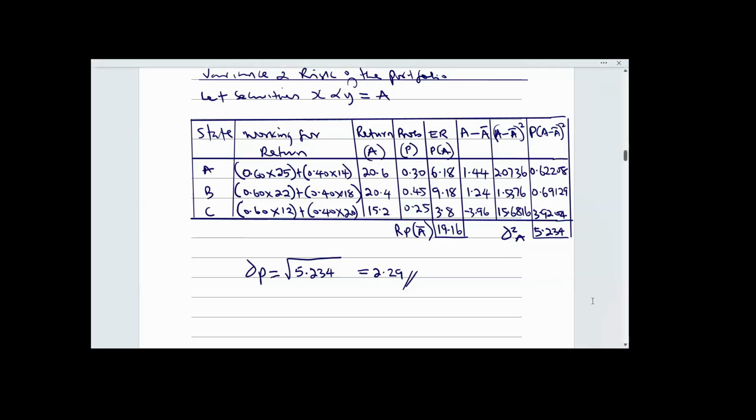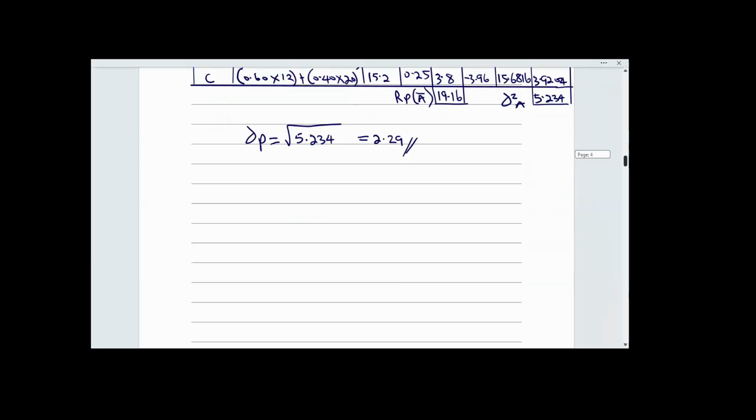So that answers number C. In the D part of the question, the examiner wants you to use algebraic, general formulae to calculate the mean return and variance of a two security portfolio. So the examiner just wants you to calculate the return of the portfolio and the risk of the portfolio.